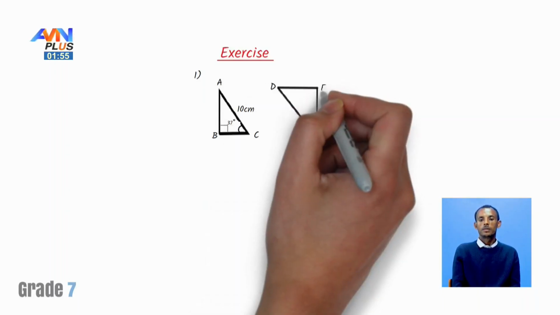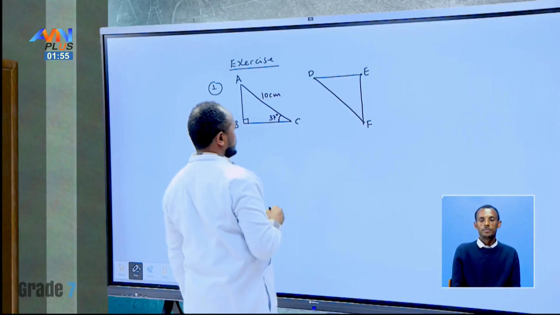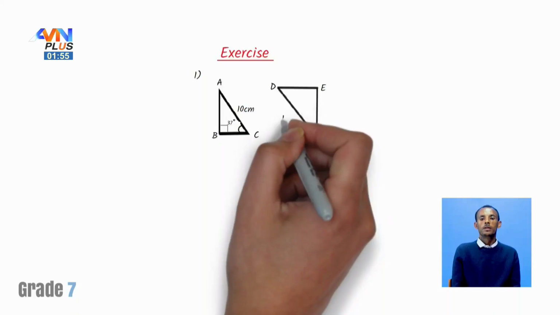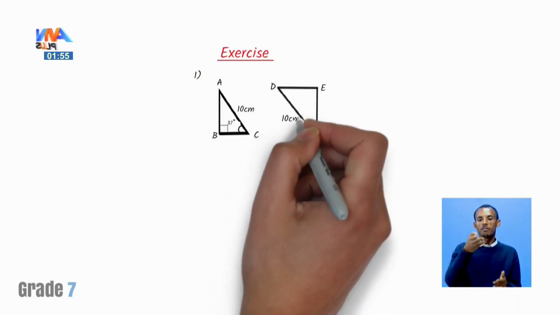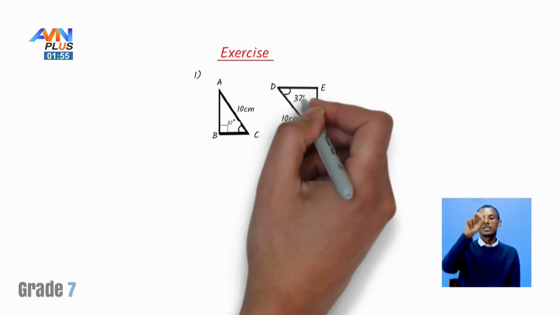Assume this one is DEF. Again, this side is 10 centimeters, and this angle is 37 degrees.